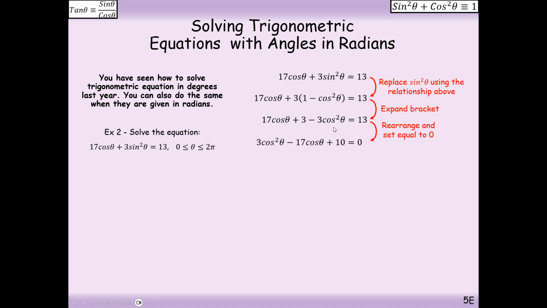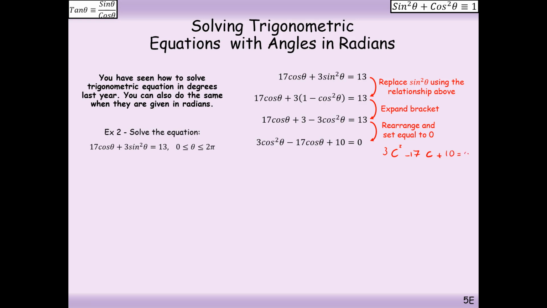So in our case, we could say we've subtracted everything from the left and moved it to the right, and then flip the equation, put it equal to 0. It's basically 3c squared minus 17c plus 10.